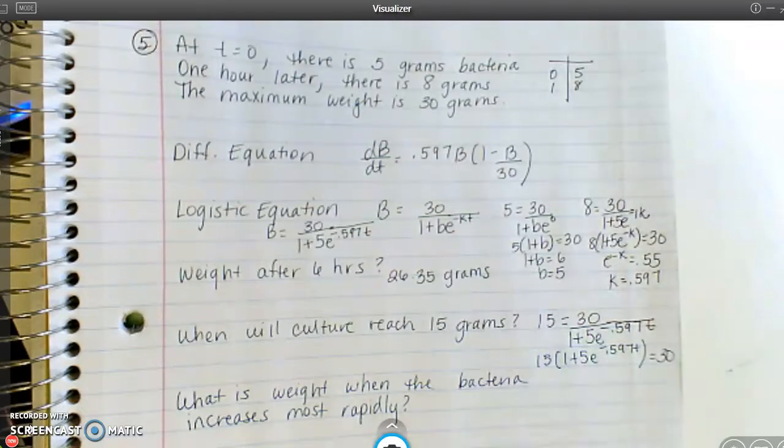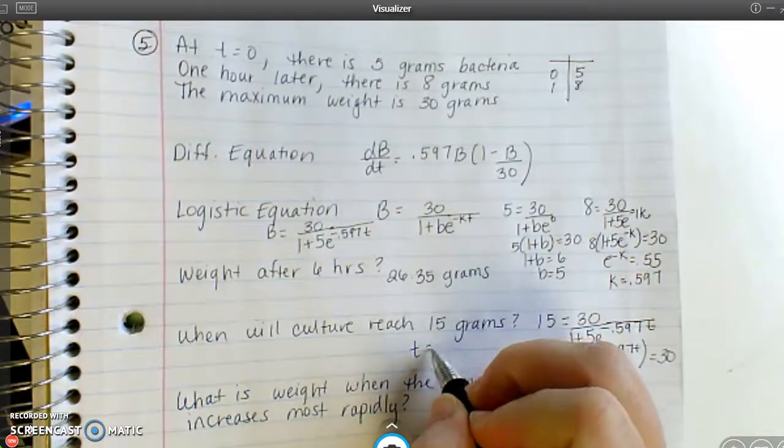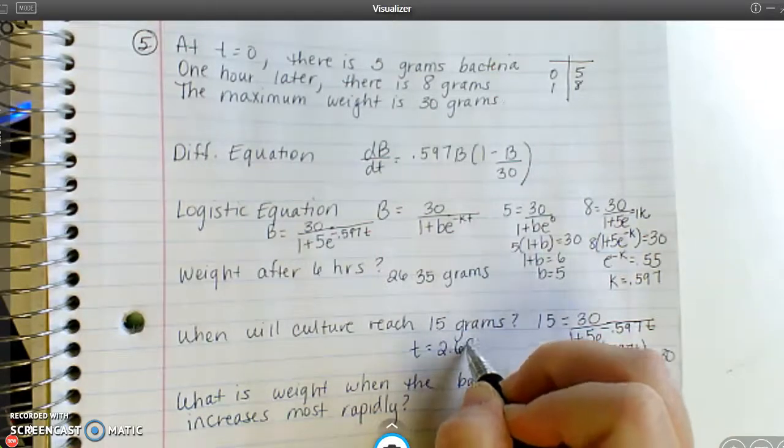And then again, I'm going to do the calculator work. 30 divided by 15. Subtract 1. Divide by 5. Take the natural log on both sides. And divide by that k value that is still in your calculator. We wanted to know when it would reach 15 grams, so you're coming out with a time, and I ended up with a time of 2.692.